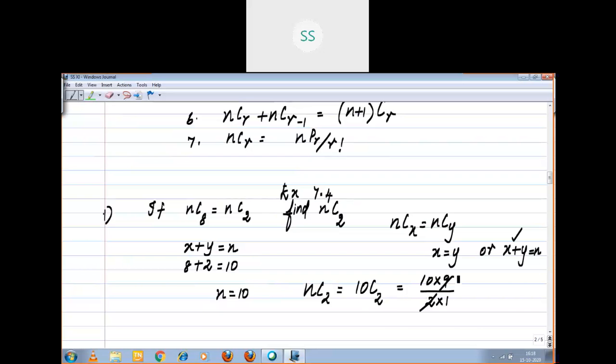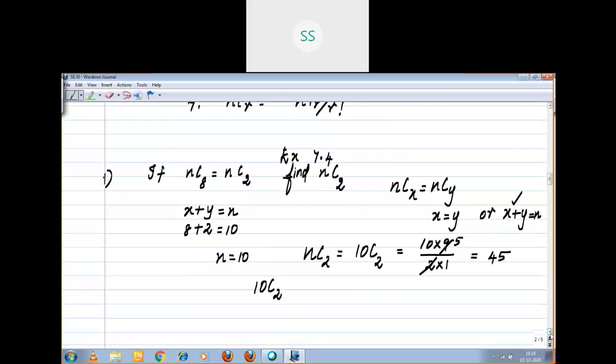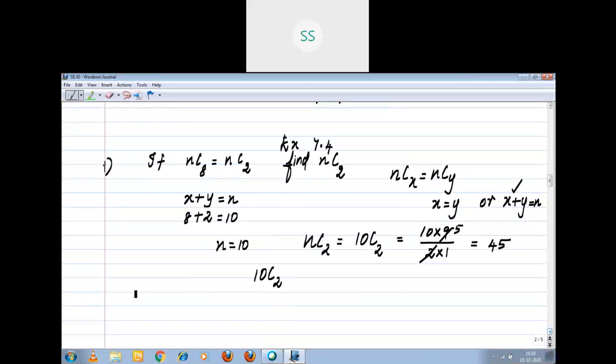It is one method, the easiest method. The second one I am going to explain with the formula. nCr equals n factorial divided by (n minus r) factorial into r factorial.